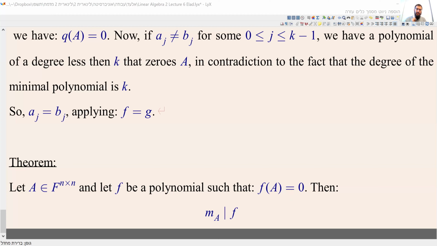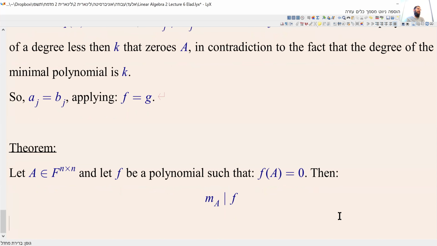We use the theorem, the process we mentioned before, the theorem of dividing polynomials with a remainder. Now, let's prove it.